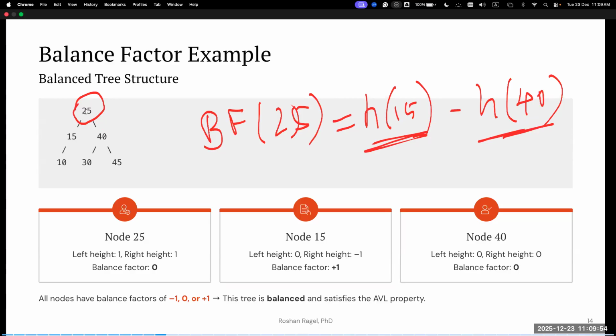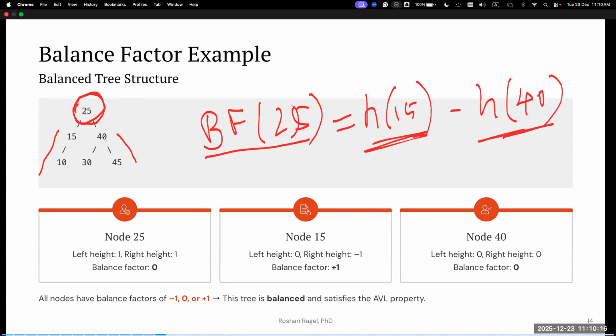If you want to find the balance factor of a node, we are not looking at the height of that node. Technically, it is defined like this because when you want to run through an algorithm, this is how it can be done. So if you want to update the balance factor, we'll be looking at the height of the two subtrees, right?